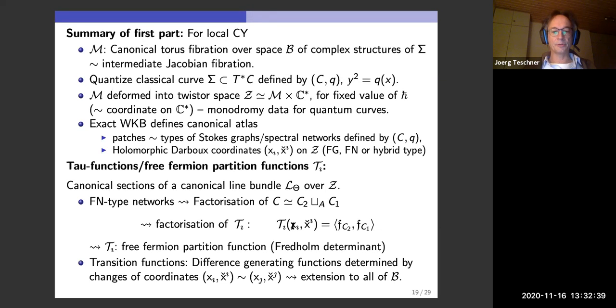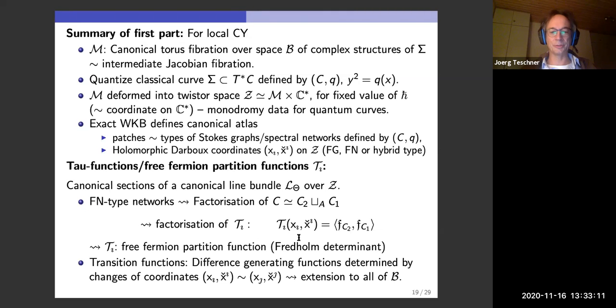So that's what I'm trying to indicate, but I really don't want to go into too much detail in order to save time for some aspects of the bigger picture which seem to be emerging. This works well for the class of cases we're considering here, but I do not expect this particular description to generalize very much further.